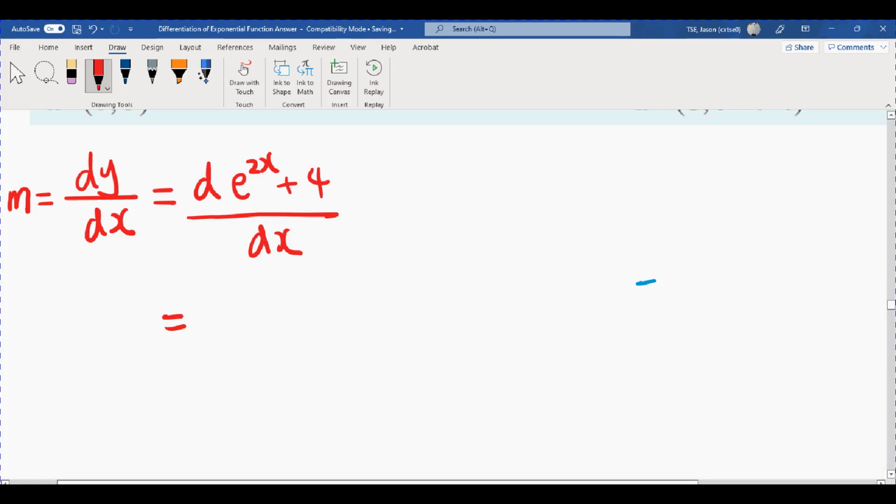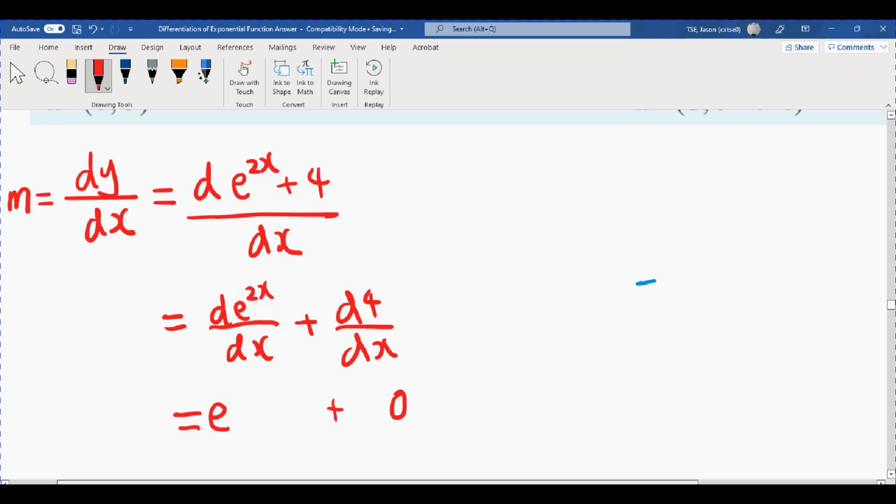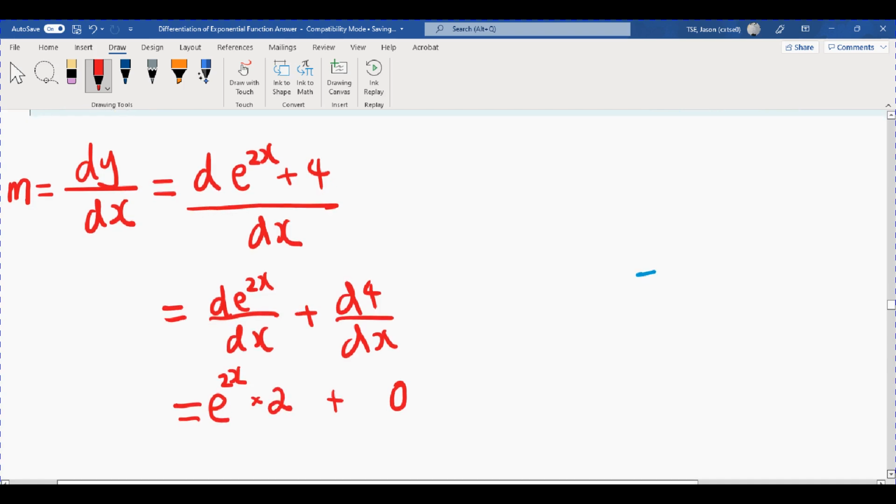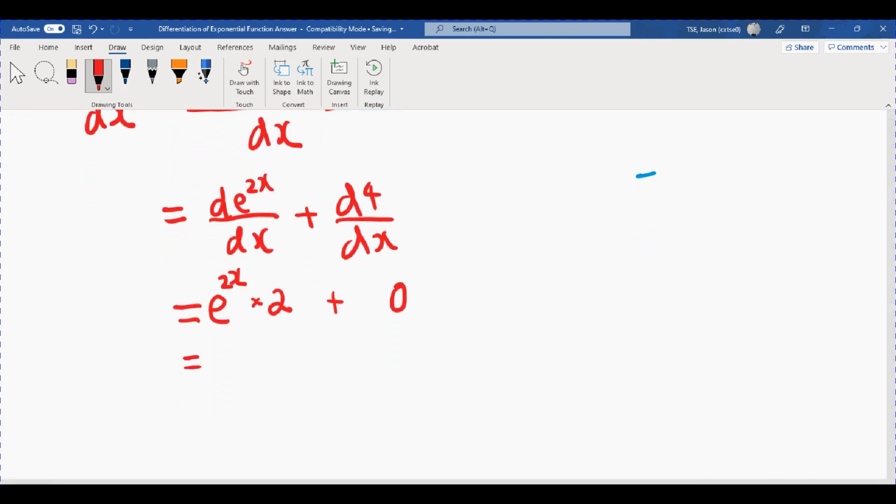There are 2 parts of it, and we all know the second part is 0. How about the first part? The first part is an exponential function, and so we shall use the quicker way. Just write the function itself times the derivative of 2x, which is 2, right? Derivative of 2x is just 2. So it's 2 times e to the power 2x.